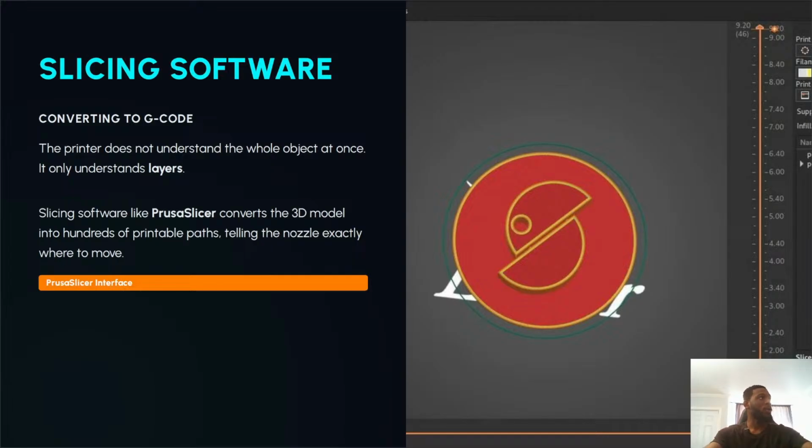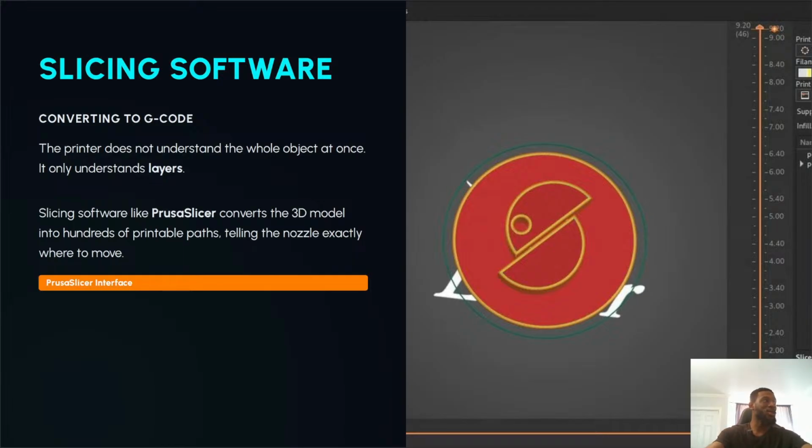Slicing software, so converting to G-code. The printer does not understand the whole object at once. It only understands layers. Slicing software like Bambu Studio's slicer converts the 3D model into hundreds of printable parts, telling the nozzle exactly where to move. I know you're always wondering, how does the printer know where to go? Now this should explain it to you.